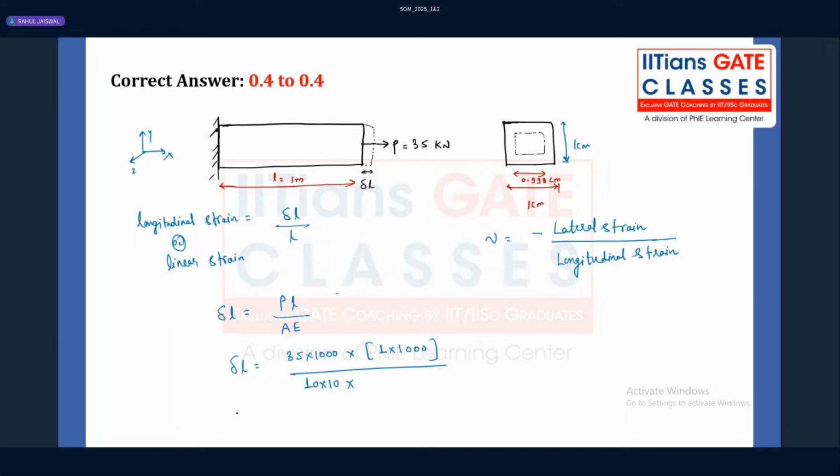Young's modulus is 70 gigapascal, so it is 70 into 1000. If you calculate, 35 into 1000 into 1000 by 10 by 10 by 70 into 1000, you get 5 mm.